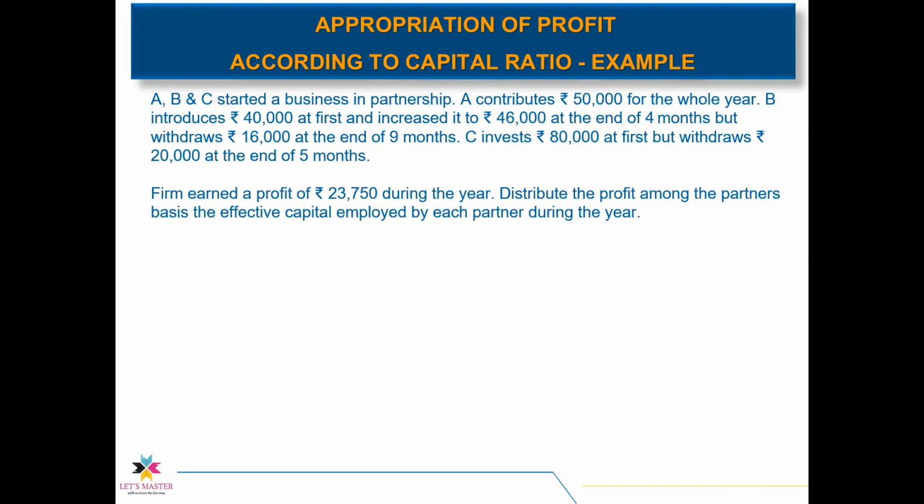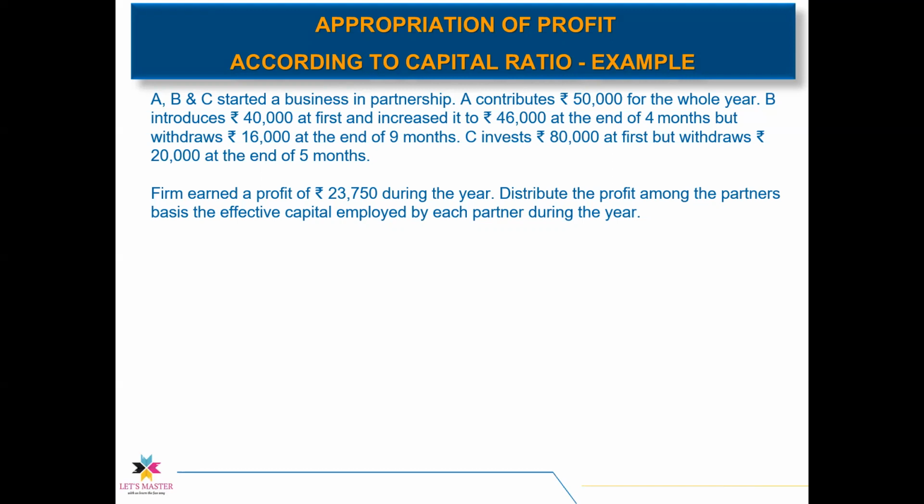So here you can see that A, B, and C, three partners, have contributed different amounts of capital initially, and at a later stage, B and C made some changes or adjustments in the amount of their capital contribution at a different phase. That's the first part of the question.